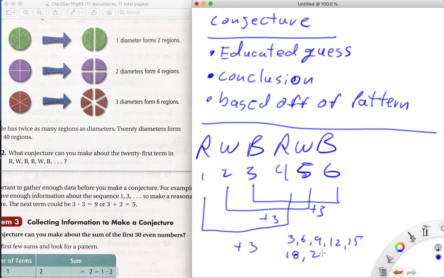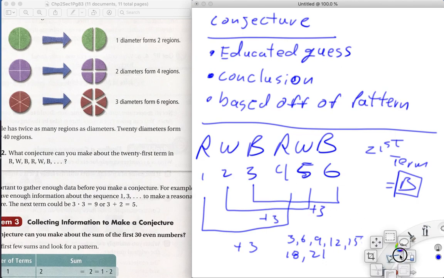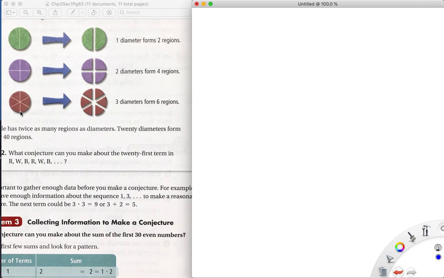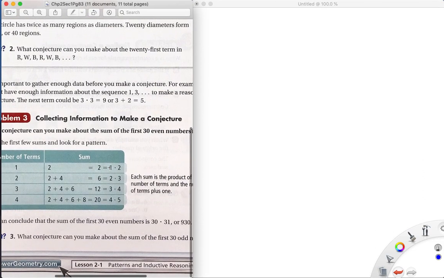Hey, look at that, 21. Since these are all the B's, it's probably safe to assume that the 21st term is going to be B. And that's just making an educated guess off of the pattern. Just making a conjecture. What do I observe from the pattern?